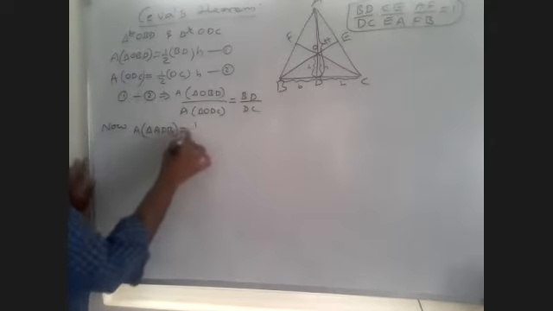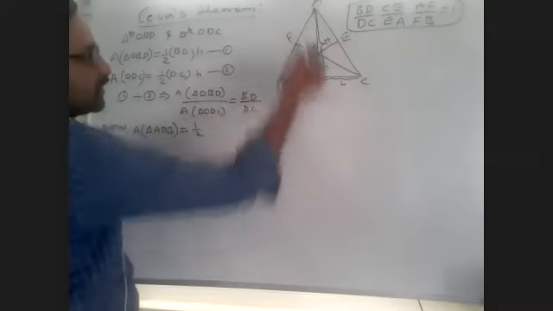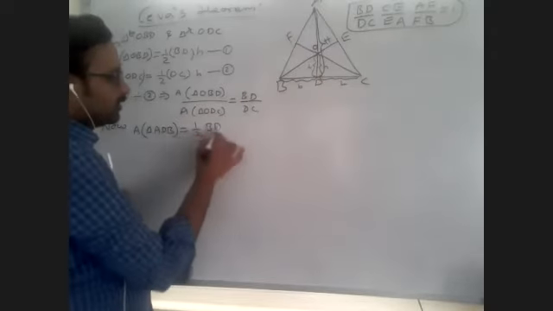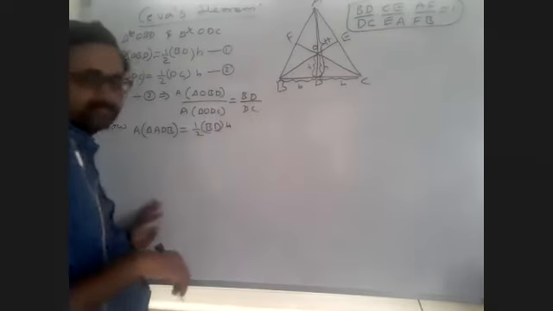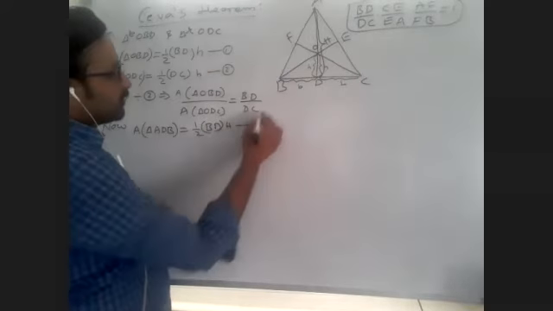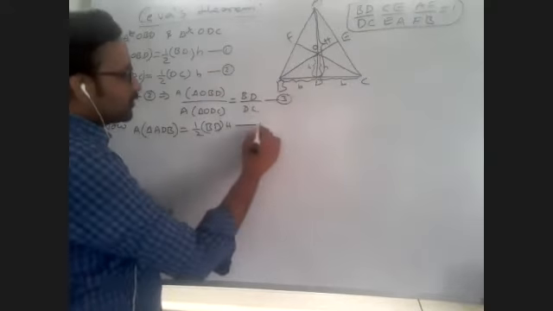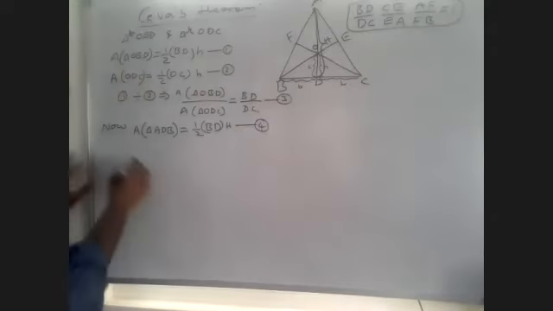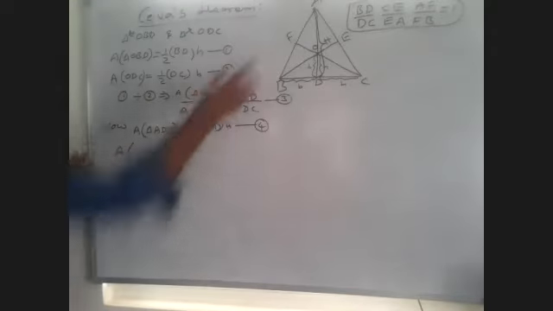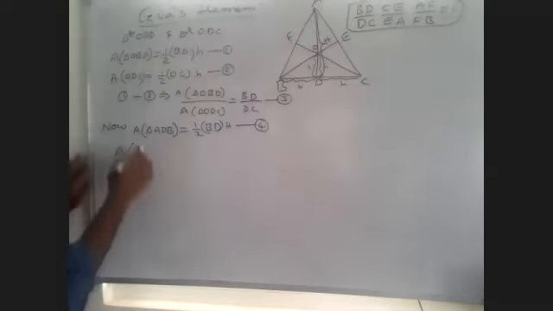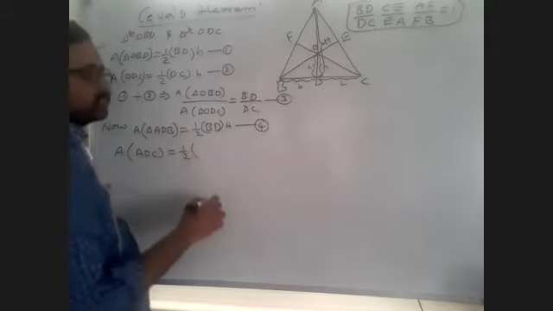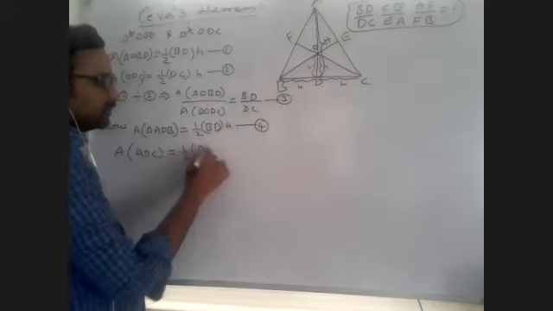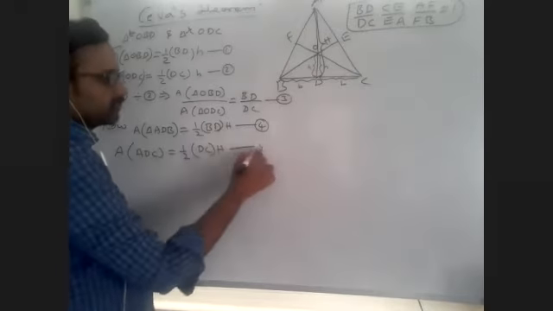is equal to half of base into height. Base is BD only, and height is capital H, that is AD. This is equation number 3, equation number 4. And now again area of the triangle ADC is equal to half of base into height. Again base is DC, into height capital H, equation number 5.